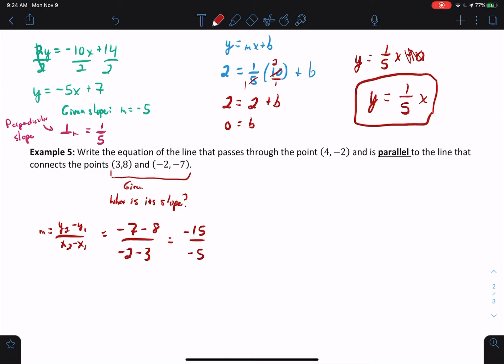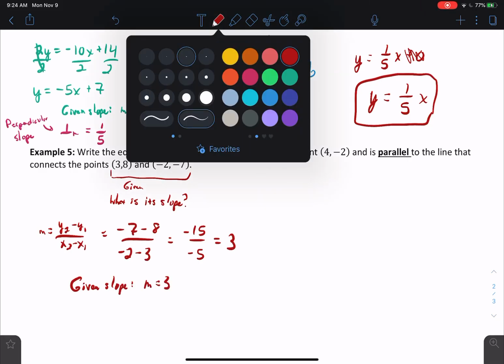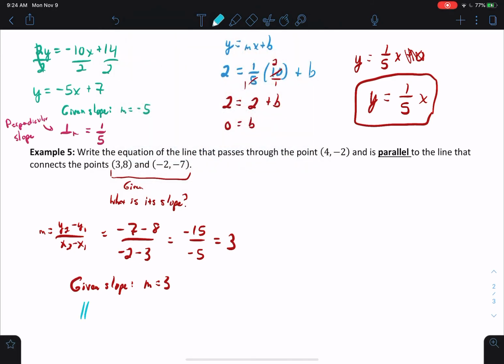Negative 15 divided by negative 5 is going to give me positive 3. So my given slope is m equals 3, which means that my parallel slope needs to be the exact same thing, 3. It needs to go through this point, and the slope needs to be 3.